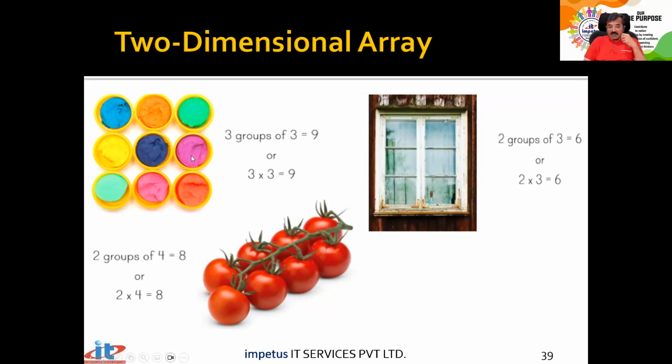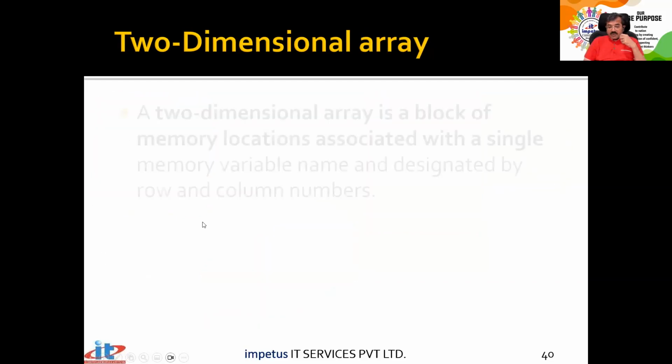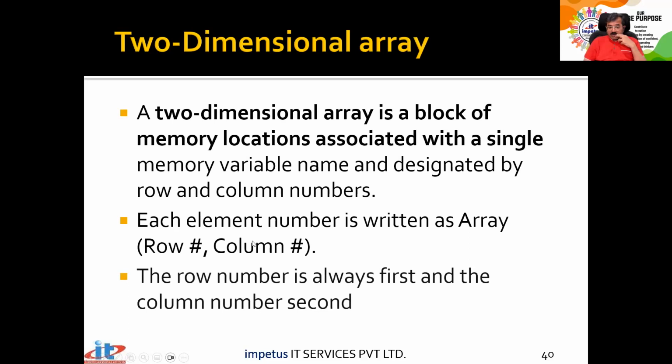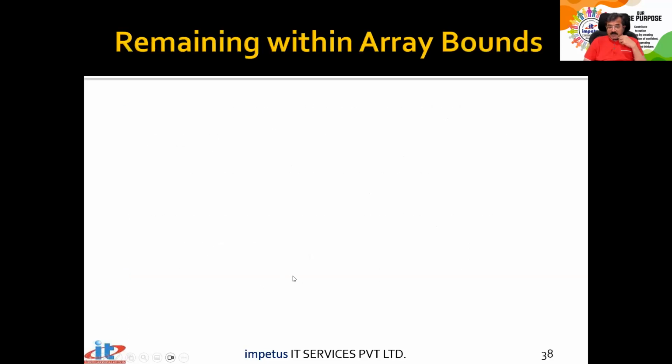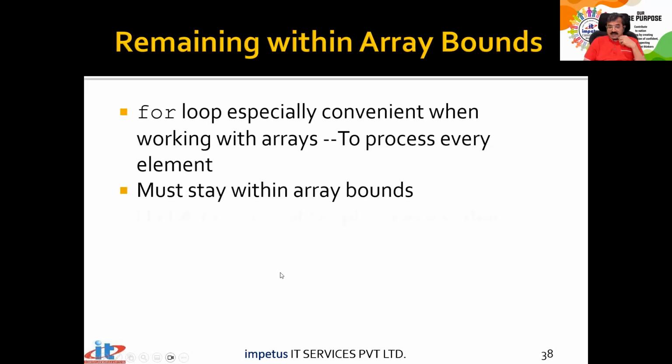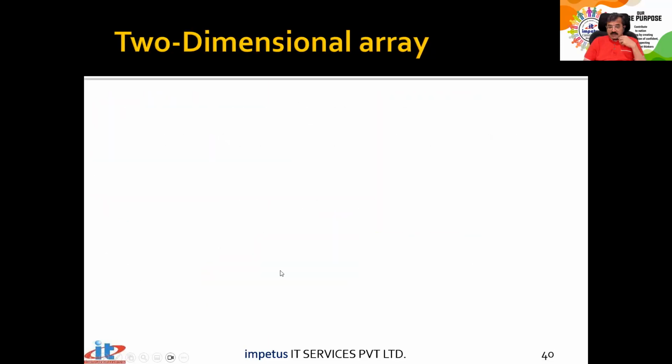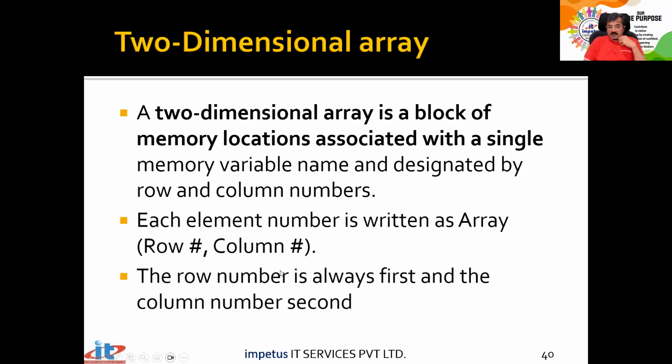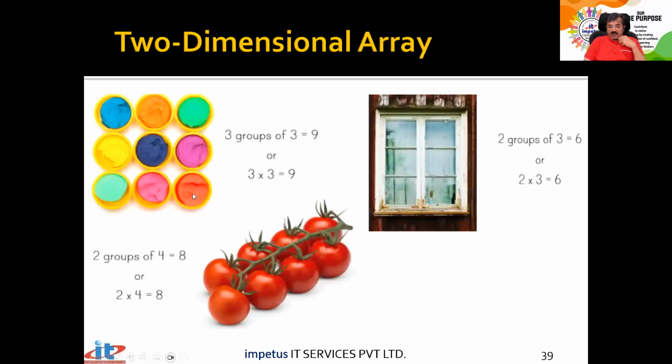So 1, 2 is this, 1, 1 is this, 1, 0 is this. That's how we like to access the elements. We'll access row number followed by column number. The row number is always first and the column number is second. That means if I have to access this element, I'll have to first specify the row number. Row number is 0, 1, 2, and the column number is 0, 1, 2.